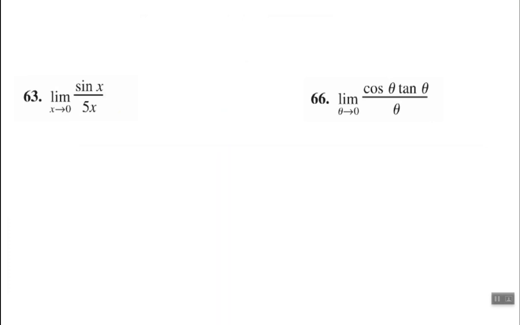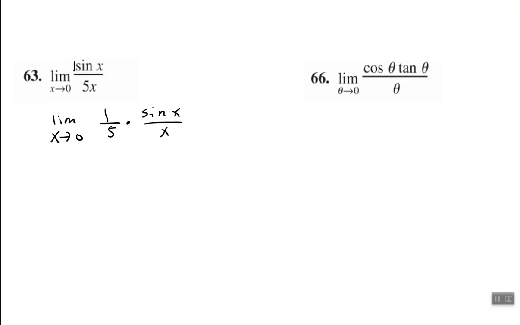So number 63 here, we have the limit of sine of x over 5x as x approaches 0. So I'm going to use my scalar multiple rule first, since I have this 5x here and I know that I have an understood 1 there. I'm going to rewrite this as 1 over 5 times sine of x over x.